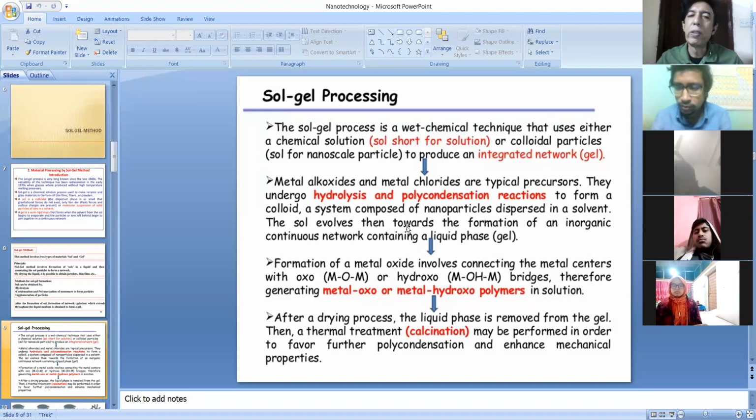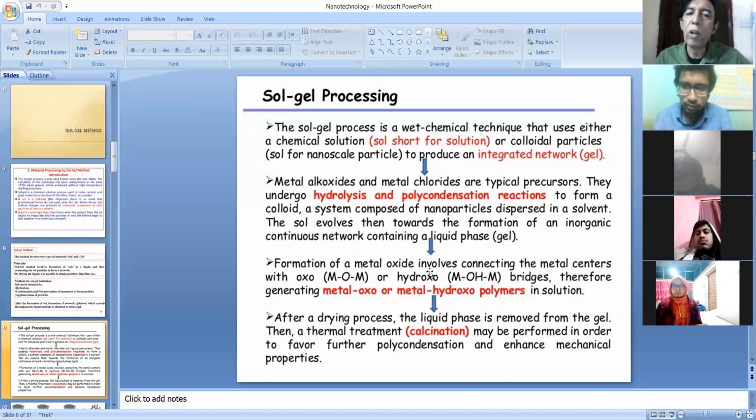Sol evolves then towards the formation of an inorganic continuous network containing a liquid phase, a gel. This sol becomes attached with each other to form a network which is called gel.